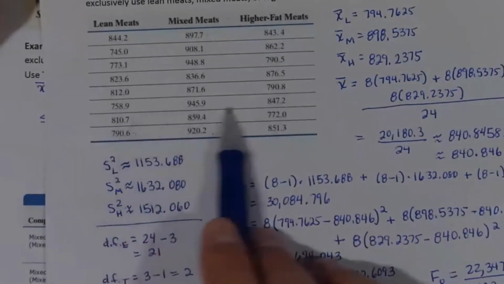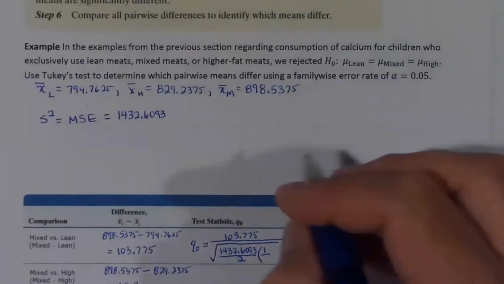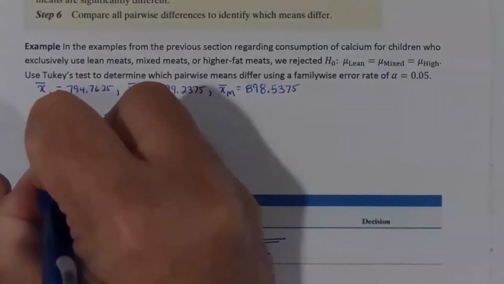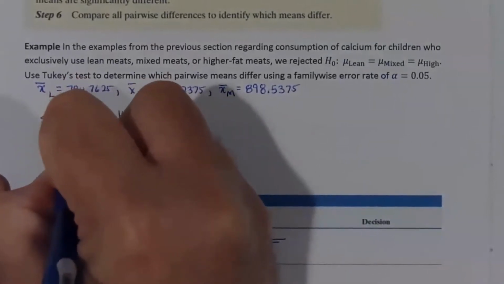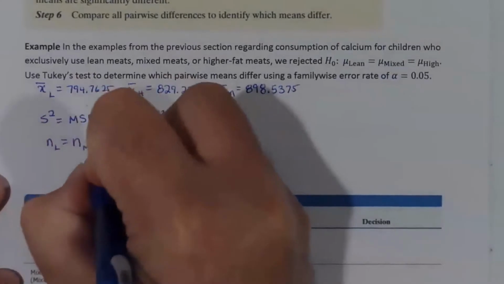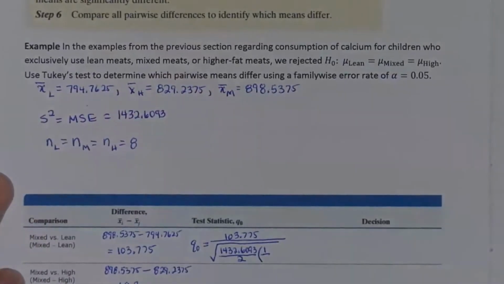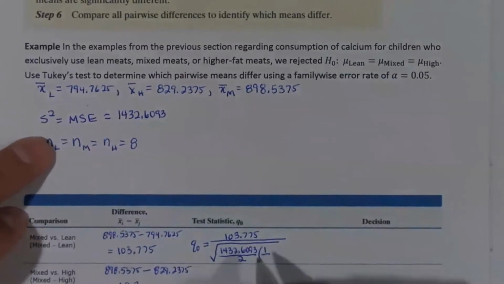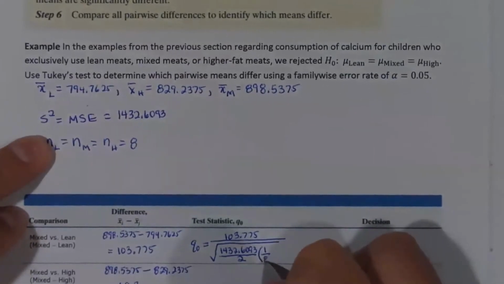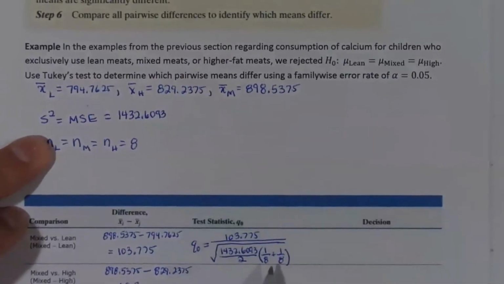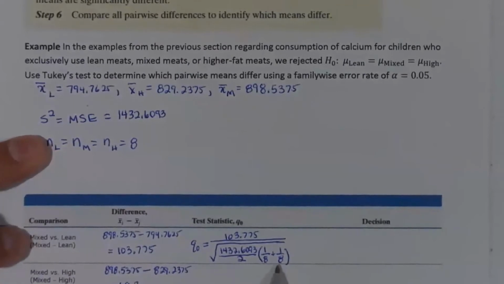In this particular case, all three sample sizes were the same. They're all 8. So the number of data values for lean meat equals the number for mixed meat equals the number for higher fat meat, and all of those are 8. So I'm just going to constantly be using 8 for the N here.